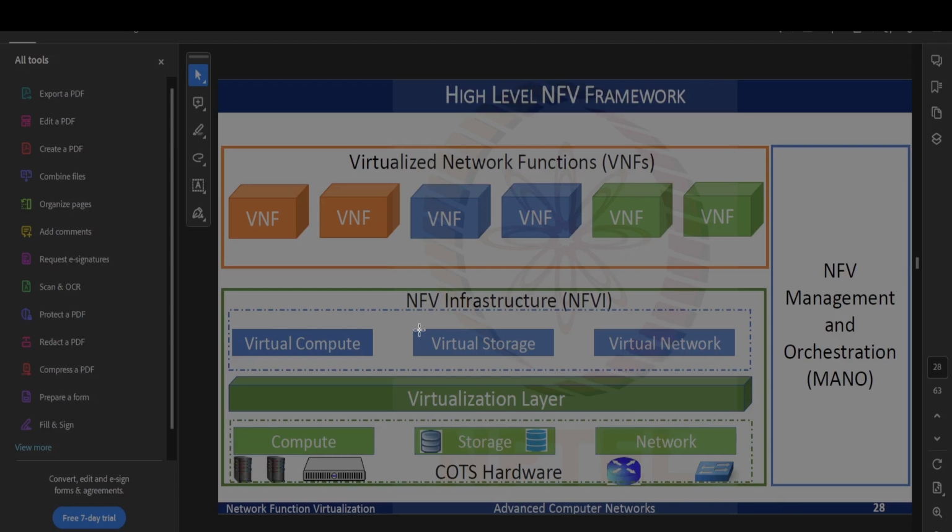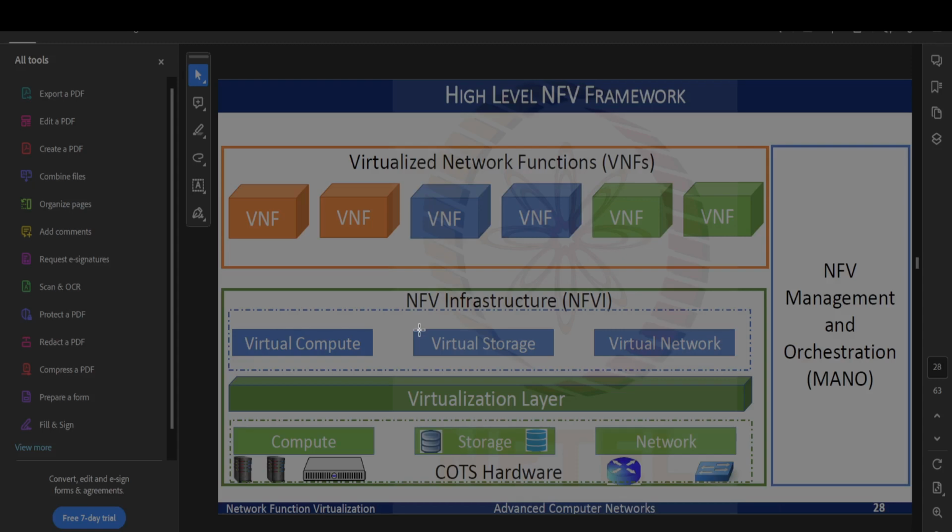On top of this infrastructure, we will have our VNFs running: virtual network function 1, VNF2, VNF3, etc. These could be running in a VM or in containers. So this is how the typical architecture is.